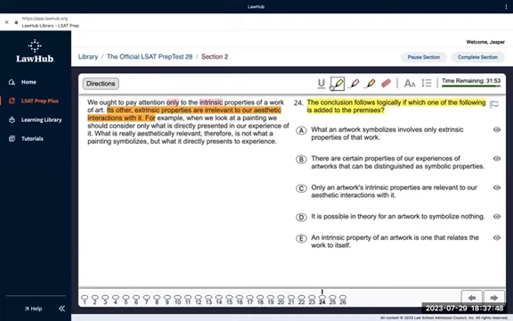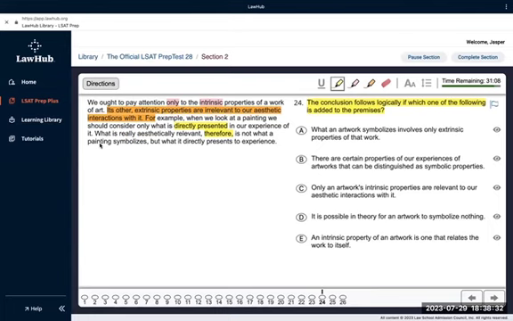Okay, interesting. So the conclusion here is that the symbolic elements of a painting are not aesthetically relevant, and the "therefore" is key. They're saying, based on this example and the premises that come before it, that consider only what is directly presented.